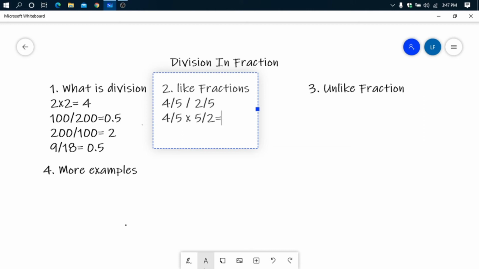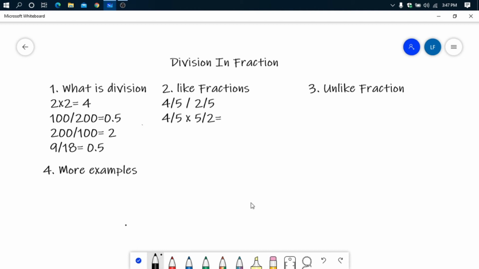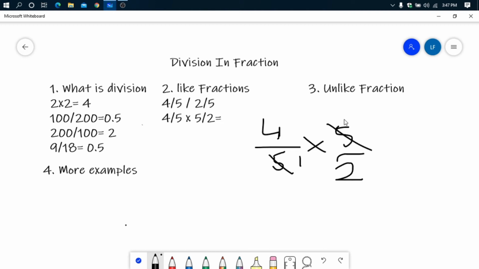So the corresponding fraction will become 4 by 5 into 5 by 2. We cancel these out, it becomes 1 and 1. And we cancel these out, this becomes 1 and this becomes 2. And the answer will become 2 by 1, which is basically 2.